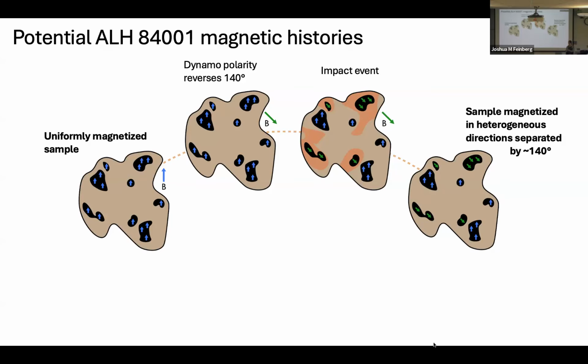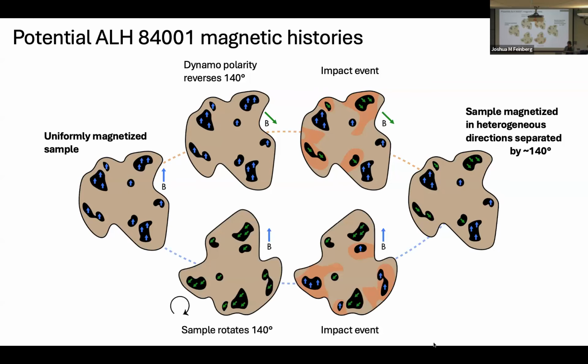And in that case, this would represent a direct reversal record in a meteorite, which would be extremely cool. The other option, which is way less cool, is that the rock just rotated 140 degrees between impact events. Of course, this is harder to do on a planet without a robust plate tectonic system, but we can't rule it out.